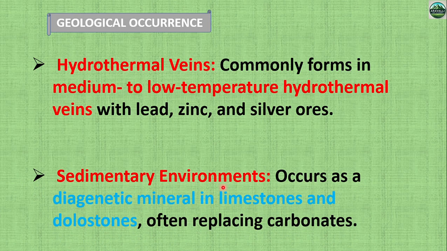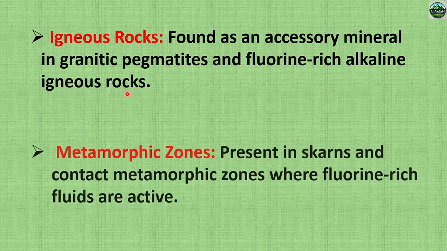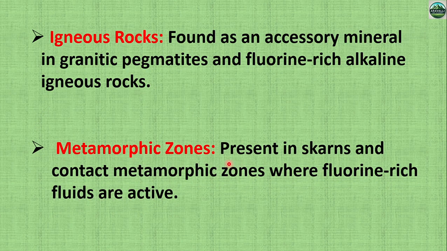In the sedimentary environment, fluorite also occurs as a diagenetic mineral in limestone and dolostone, often replacing carbonates. Next, igneous rock: fluorite is found as an accessory mineral in granitic pegmatite and fluorine-rich alkaline rocks, but not important.